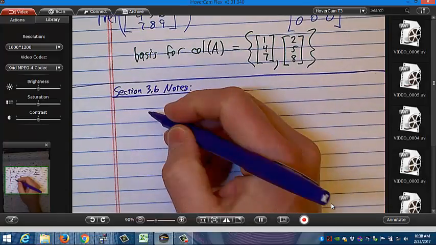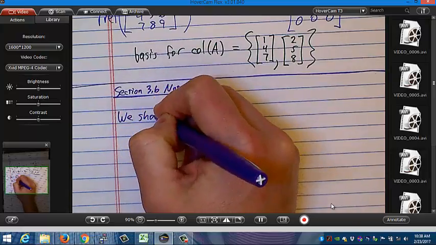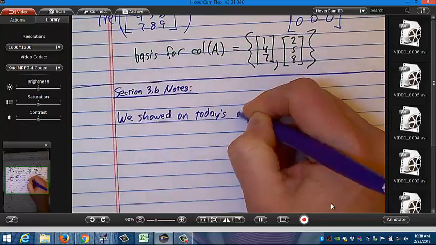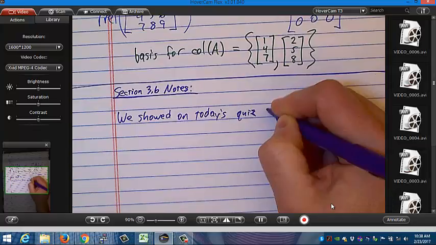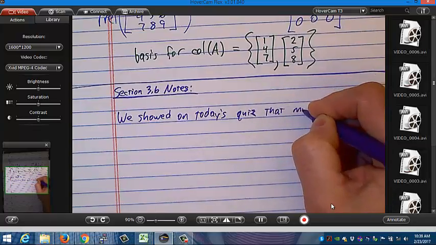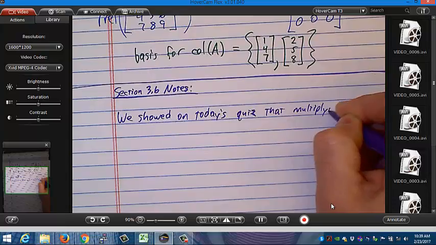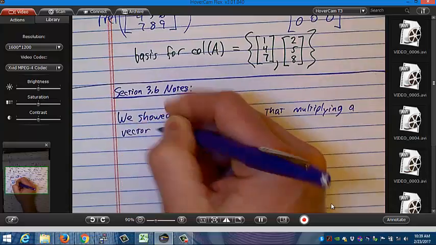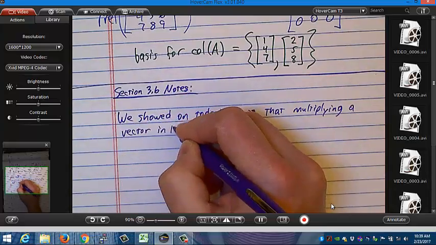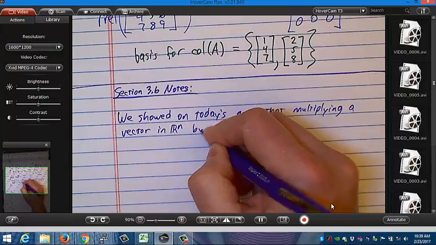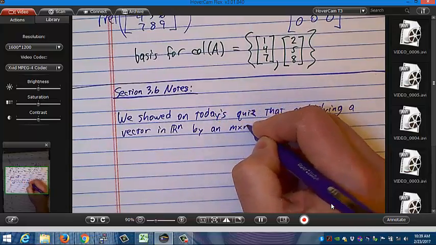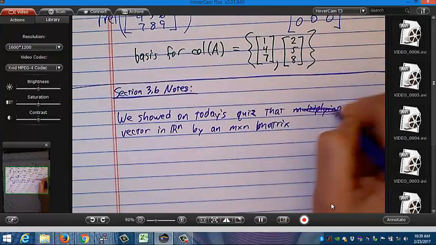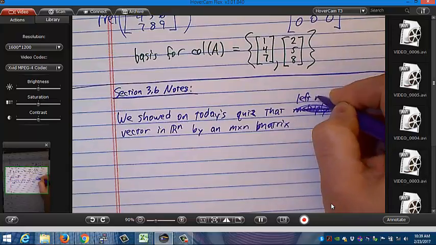So, we showed on today's quiz that multiplying a vector in Rn by an m by n matrix, maybe I should say left multiplication, right?